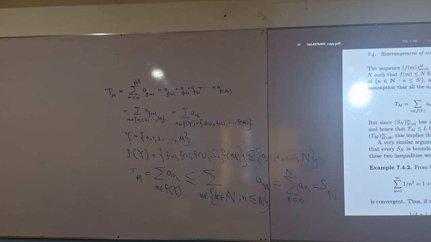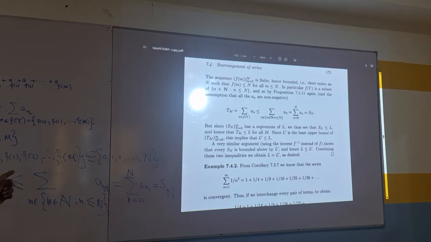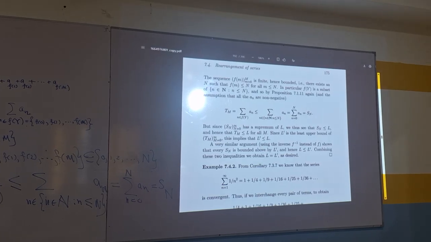So that is the supremum of Sn, right? We thus see that Sn less than or equal to L, because L is the least upper bound of Sn. So any Sn less than or equal to L, and hence Tm less than or equal to L for all n.